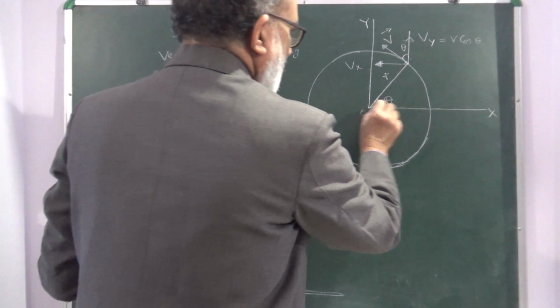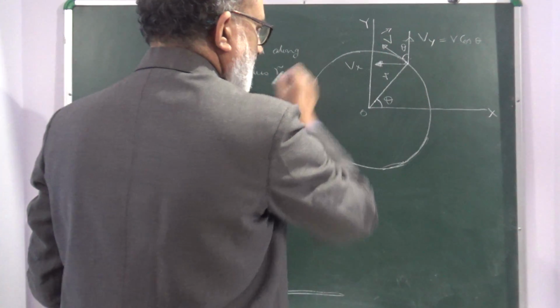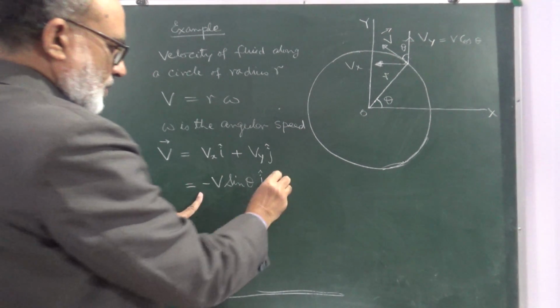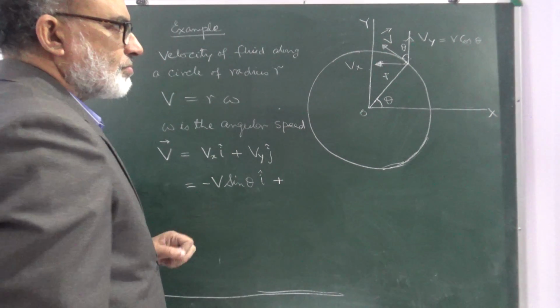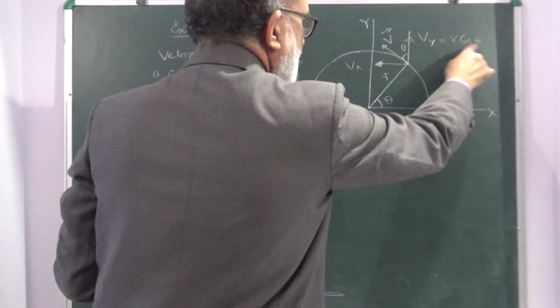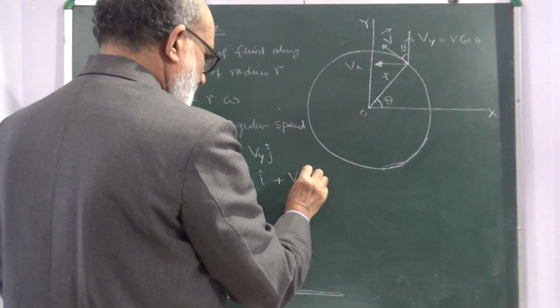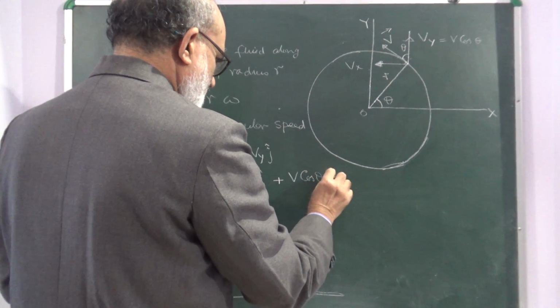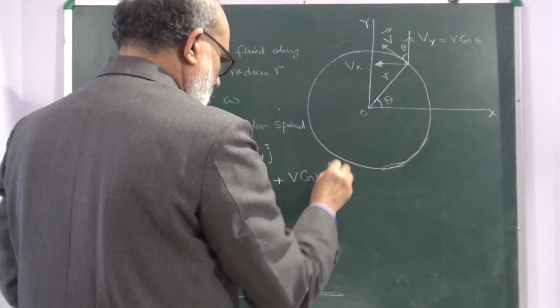The i is the unit vector along the x-axis, but this is opposite to the x-axis, so it is a minus sign here. Plus vy, where vy is equal to v cos theta along the y-axis, so it's j.